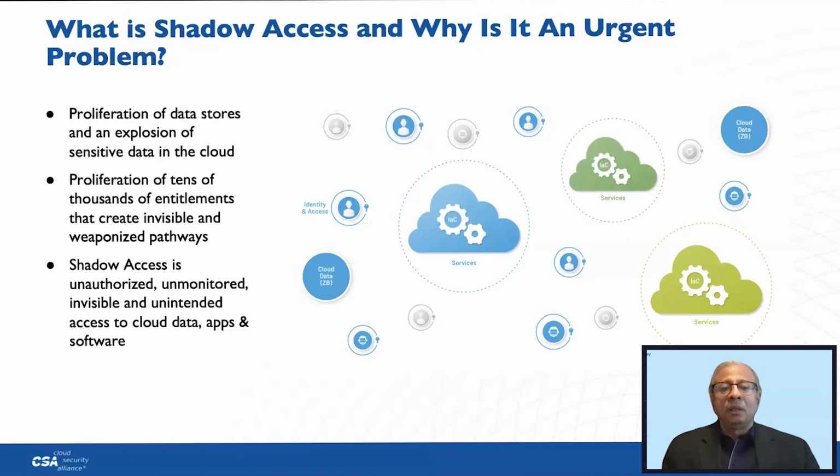And essentially, shadow access, for the most part, creates unauthorized, unmonitored, invisible, and unintended access to cloud data, applications, and software. It is an urgent problem because shadow access is legitimate access. It is a legitimate entitlement that in the wrong hands can lead to a data breach or a security incident.